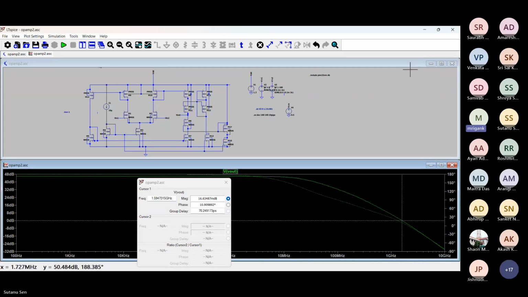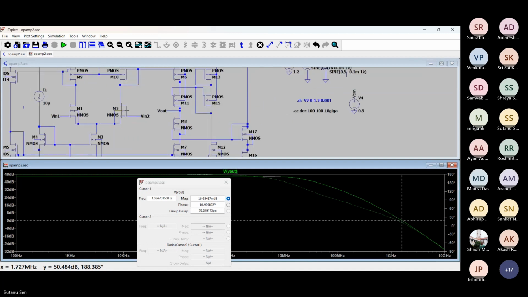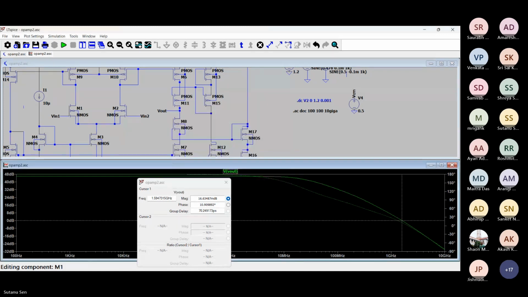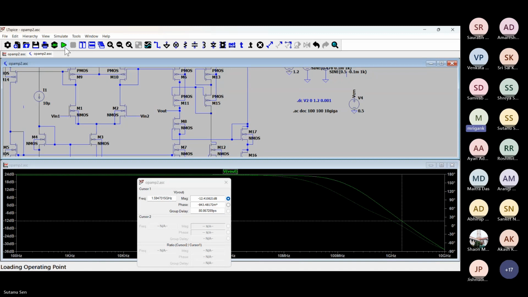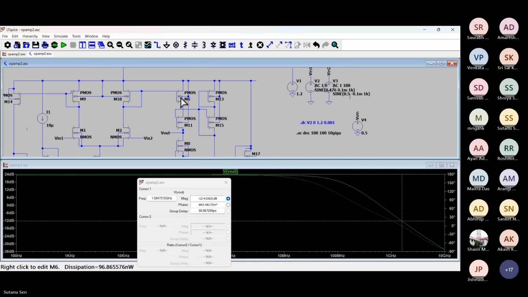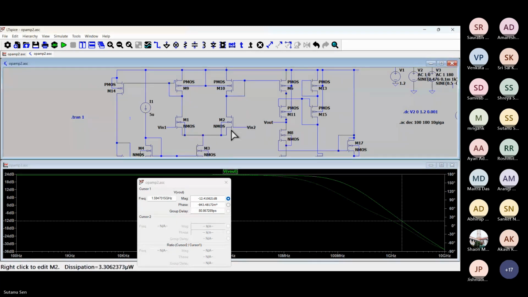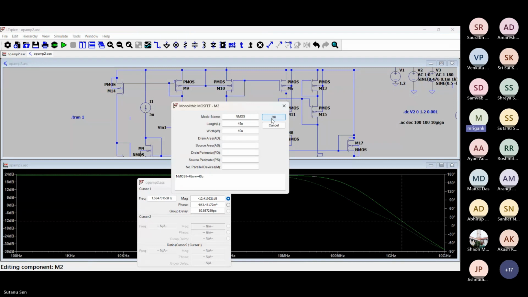So what is the size of the input device? You can increase it further, make it maybe 40. Output side, let's see the output stage dimension. You can reduce the current, make the current 5 micro. Output side, showing the dimension.